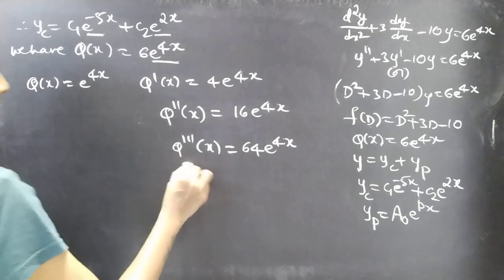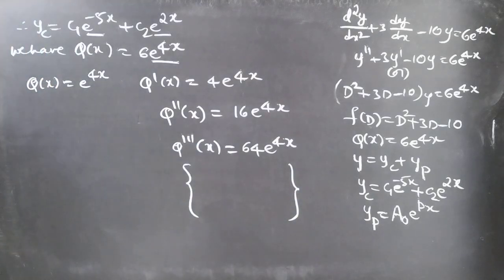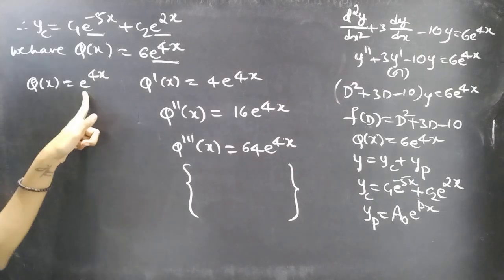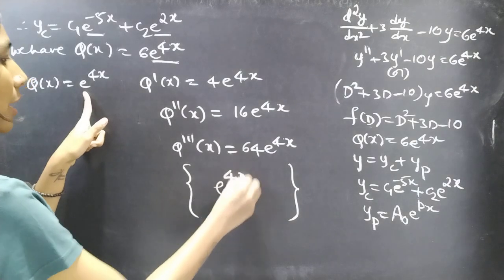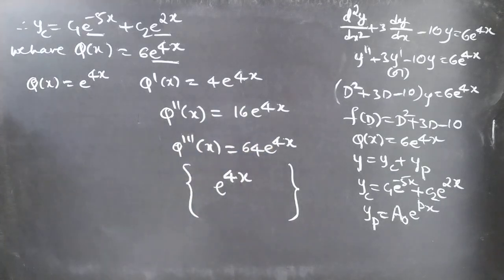So now write all the functions of x in q of x and its derivatives in set form. You have q of x as e power 4x and its derivatives also have e power 4x, and we don't have any other functions of x except e power 4x.